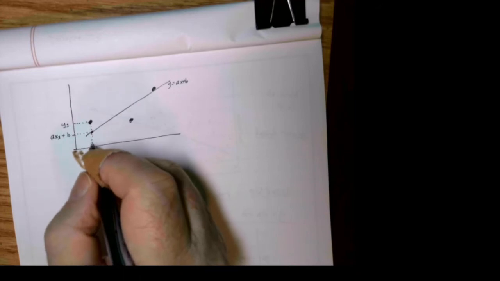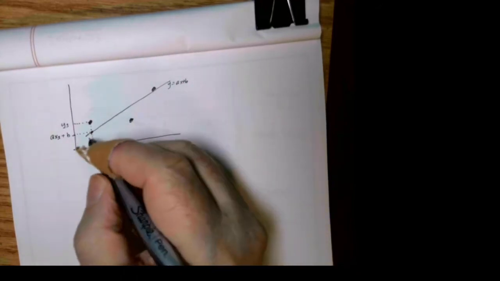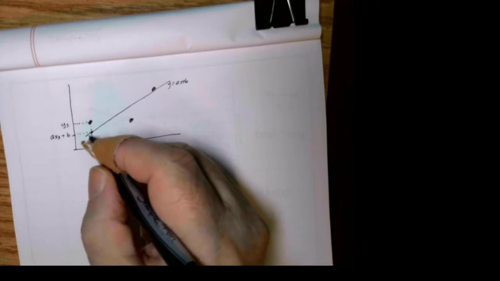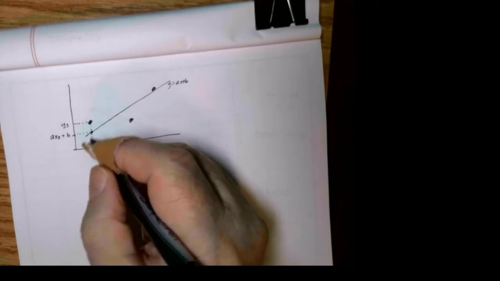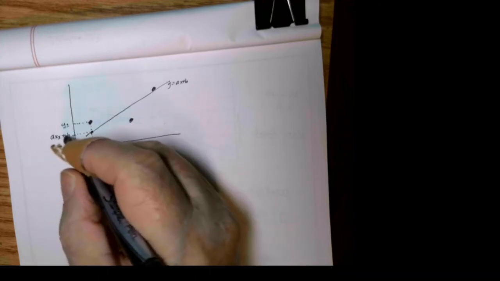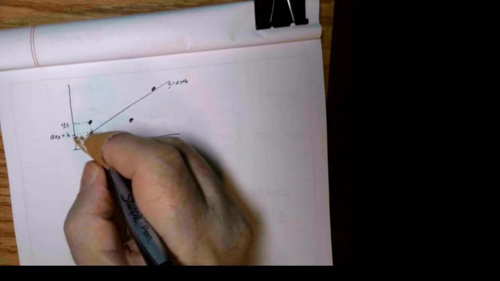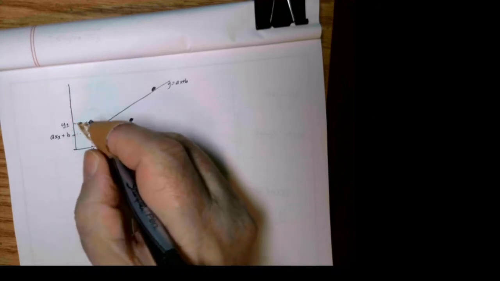And we think of using the regression line to predict the y values from the x values. So you plug in an x value, and you get ax, whatever it is, plus b, and out comes the y value. In this case, the prediction is wrong.